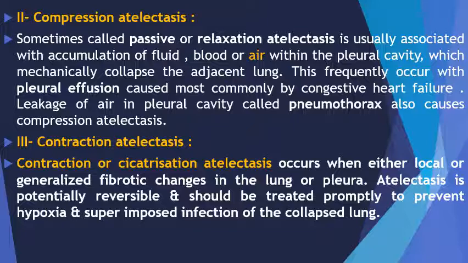The third type, contraction or cicatrization atelectasis, occurs when there are local or generalized fibrotic changes in the lung or pleura, such as in pneumoconiosis or any interstitial lung disease that leads to fibrotic changes in the lung.